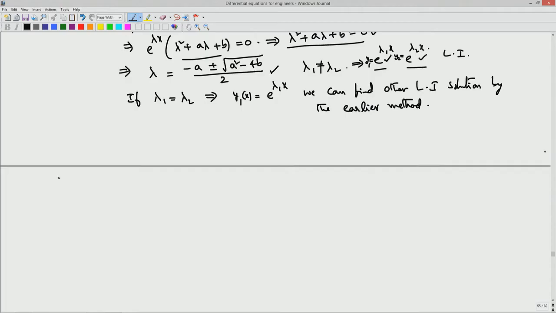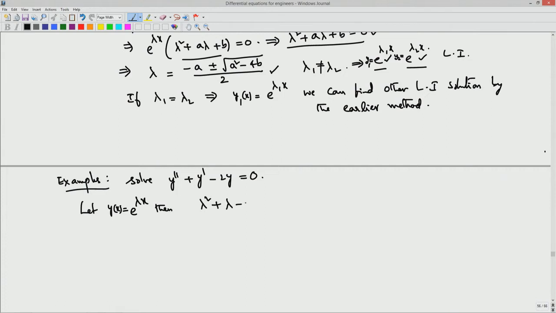Some examples, so that you understand. How do we do this? Let me pick up a simple one: solve y double dash plus y dash minus 2y equal to 0. How do we solve this? You look for y of x equal to e power lambda x. Then you have lambda square plus lambda minus 2 equal to 0, because a equal to 1, b equal to minus 2.